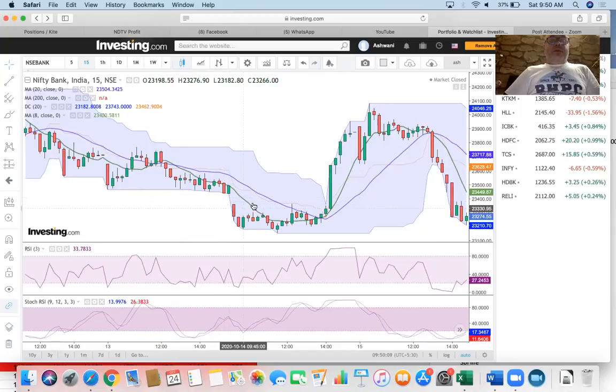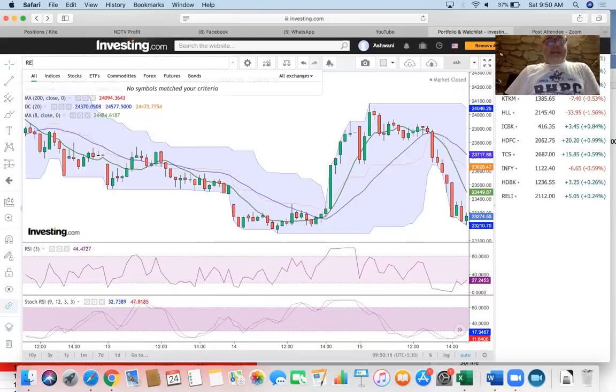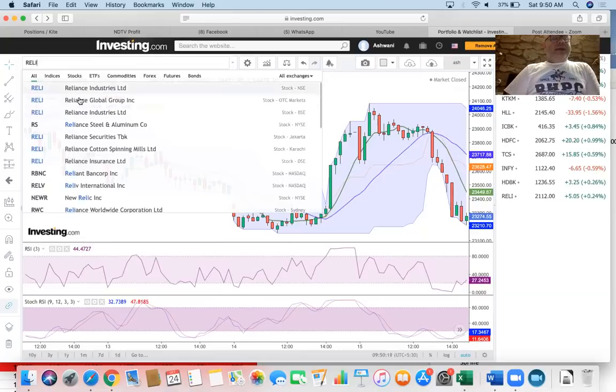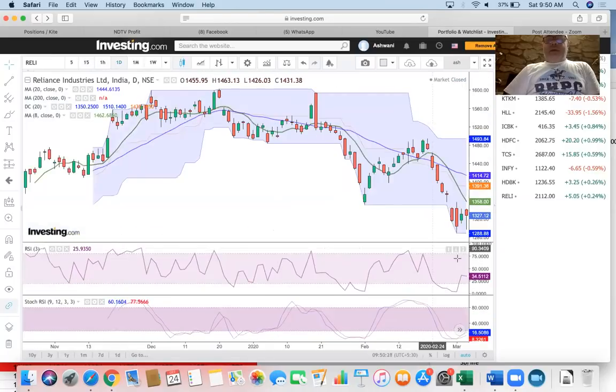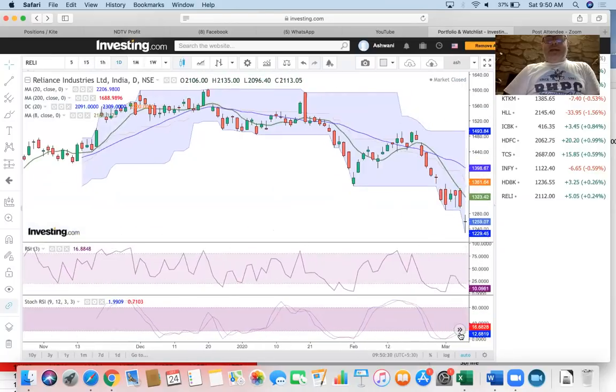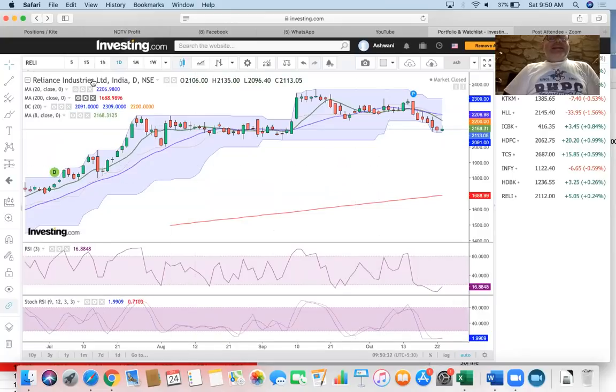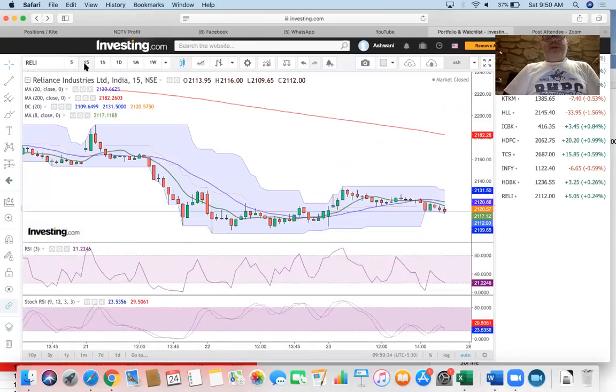So on individual stocks also, I think this methodology can be applied. If you look at Reliance, yesterday's example is important.